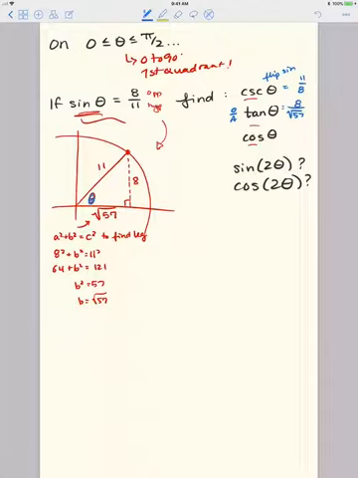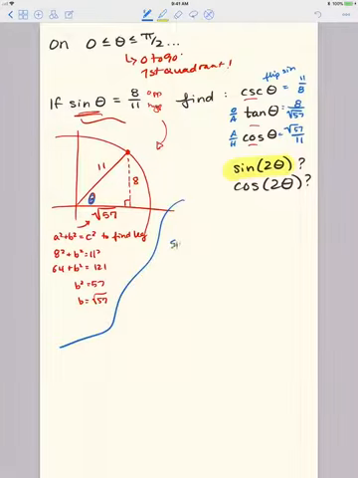Cosine ratio is adjacent over hypotenuse, so we can make that square root of 57 over 11. And square root of 57 doesn't simplify. I mean, you could pull cotangent, you could pull secant, the other two trig functions, but those are sufficient for now. I want to address finding sine of 2 theta and cosine of 2 theta.